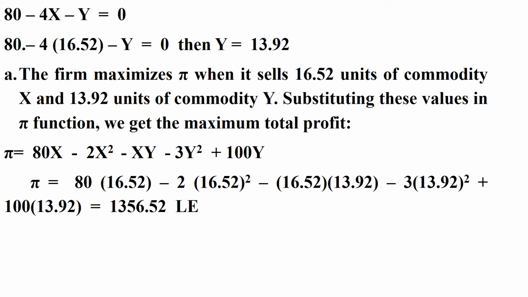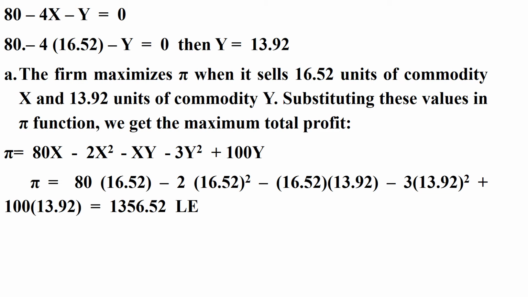Here we got X equal so-and-so. The firm maximizes the profit when it sells 16.5 units of commodity X and 13.92 units of commodity Y. Substituting these values in the pi function or equation, we get the maximum total profit.